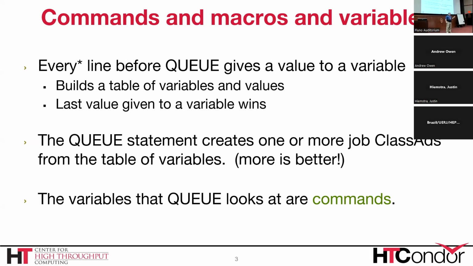It just doesn't matter. Then when we hit the line that says Q in your submit file, at that point, we fire up our submit utils library. We take that table of key value pairs and we build job ClassAds with it. And if you're doing this properly, we build lots of job ClassAds, right?